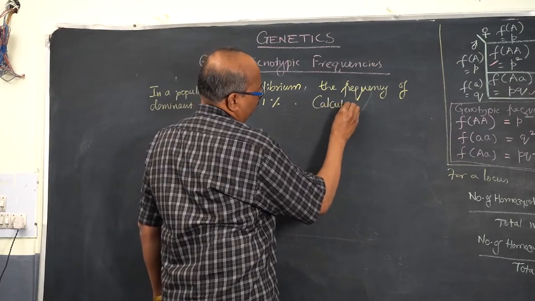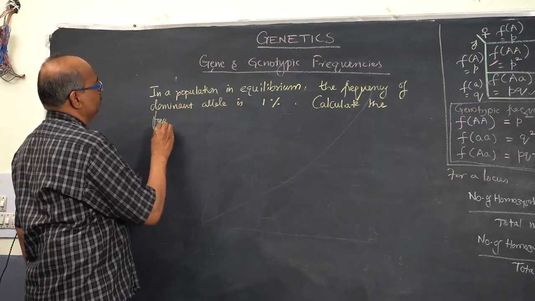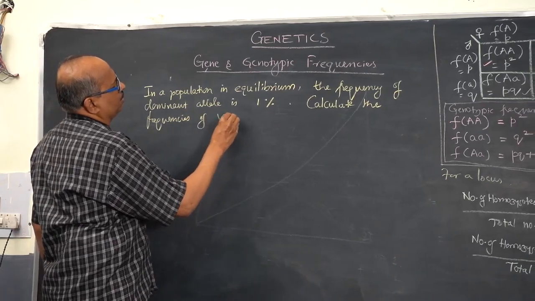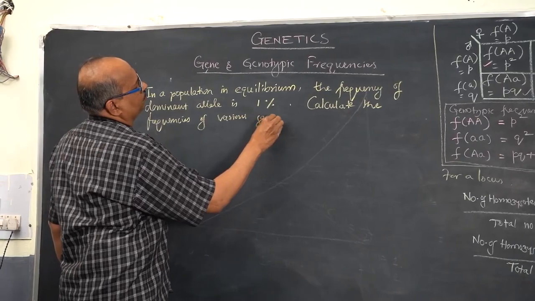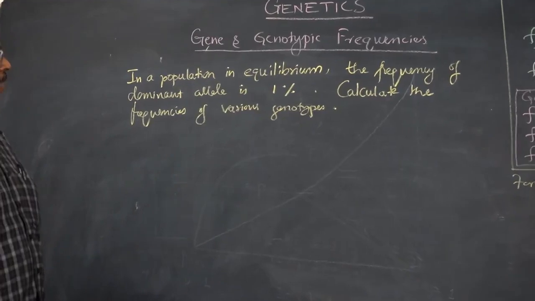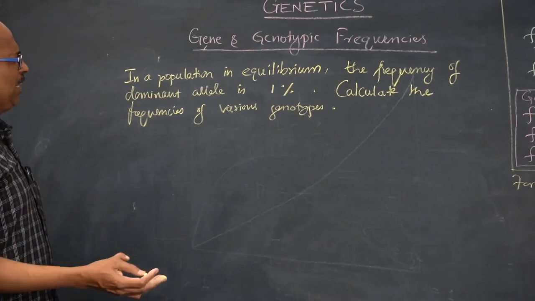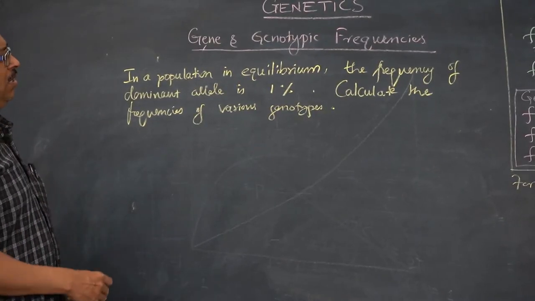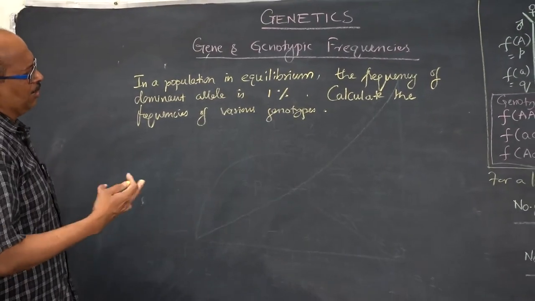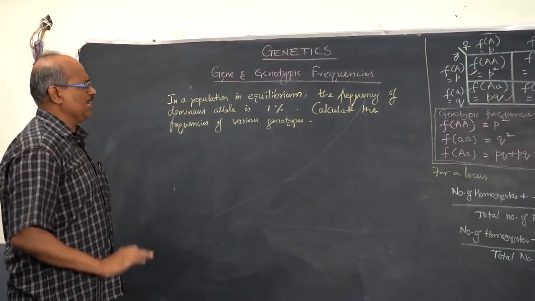Calculate the frequencies of various genotypes. So you are given one frequency, and that too the P is given, dominant allele. So dominant allele frequency can be anywhere from 1% to 100%. Recessive one can be anywhere from 1 to 100%. So it doesn't bother about that number. Since they have given as 1%, we will take it as 1%.